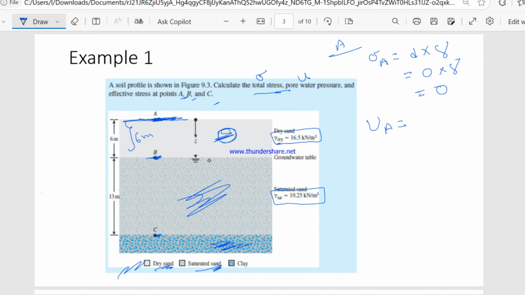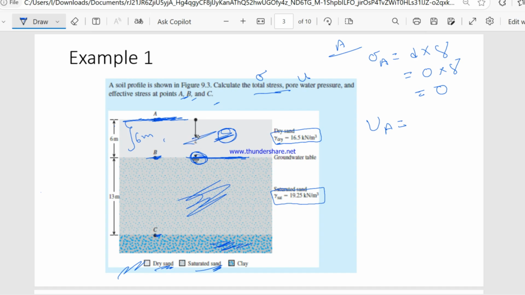we know, of course we have to know, this is the groundwater table. This symbol indicates the groundwater table.